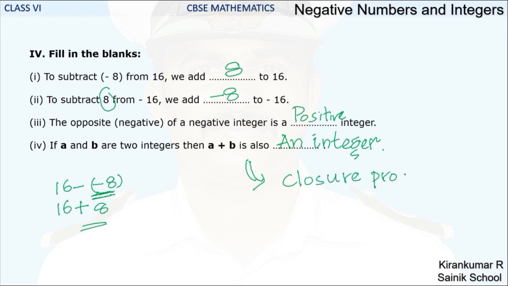We say that the set of integers is closed under addition and also under subtraction, because when we do a minus b, we get a number that is also an integer. Each time we add or subtract, we get integer again. This property is called as closure property.